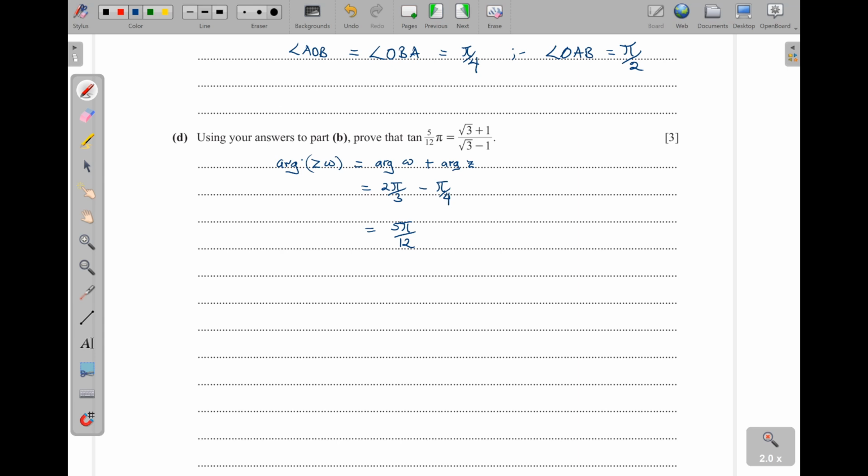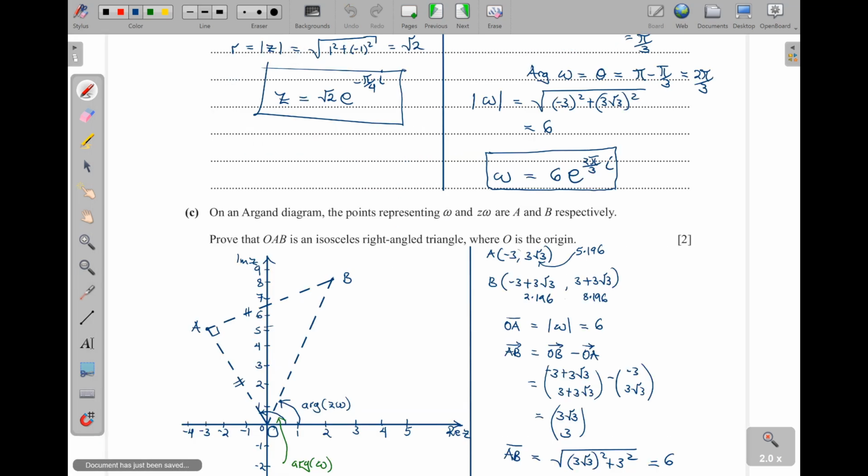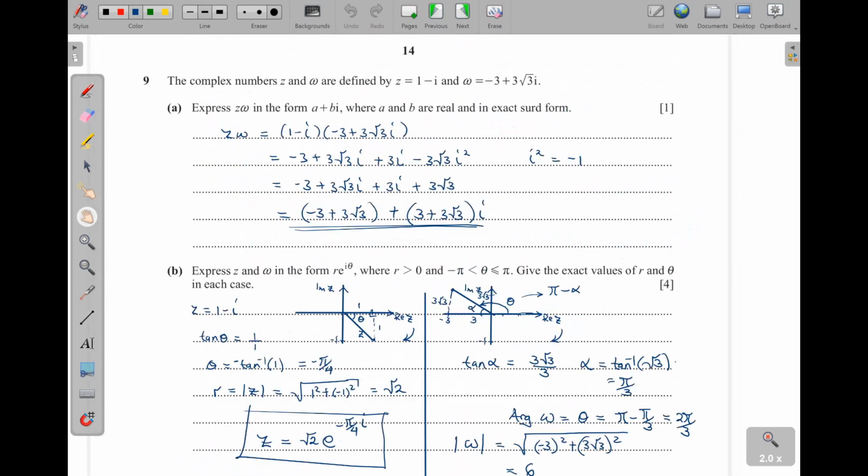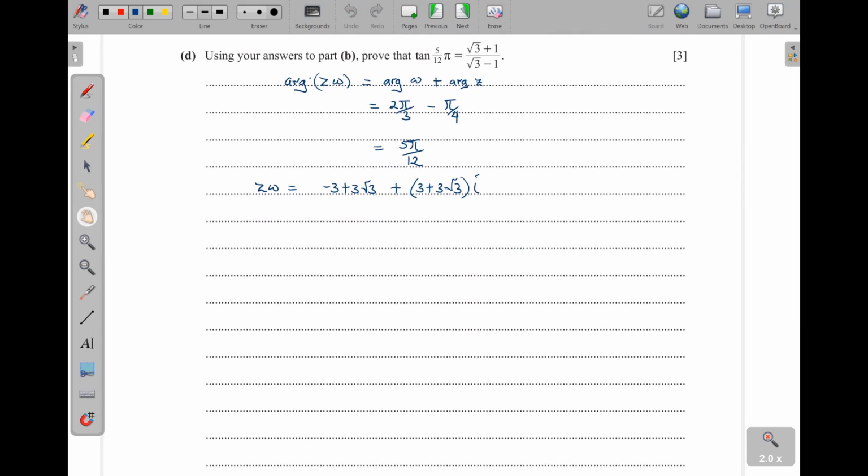However, Z omega we have as negative 3 plus 3 root 3, plus 3 root of 3 i. Not so? Let's check again here. And we see, yes, negative 3 here, then 3 root of 3, and also the same here. Meaning that the argument here is going to be the arctan. Remember, it is arctan of the imaginary over the real.